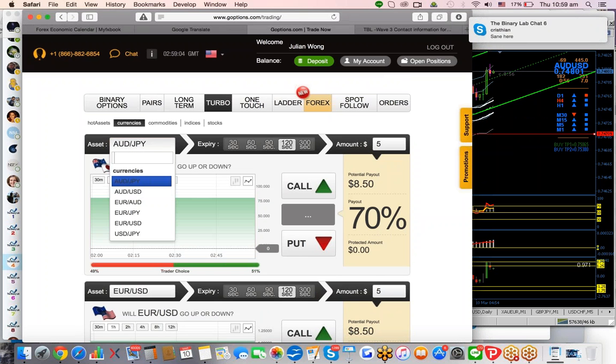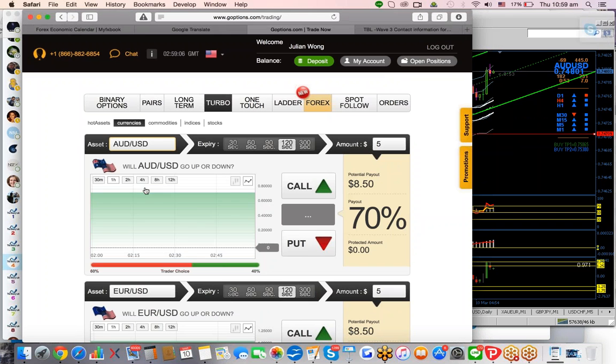Try and switch the pairs around. Check your cell phone, guys. See if you have it there. I'm logging into my cell phone G options right now. If you're using any other spot option-based broker, you probably have a mobile app as well. Most of them do.